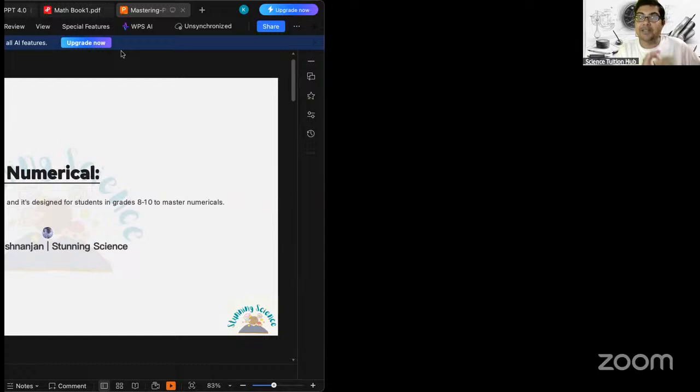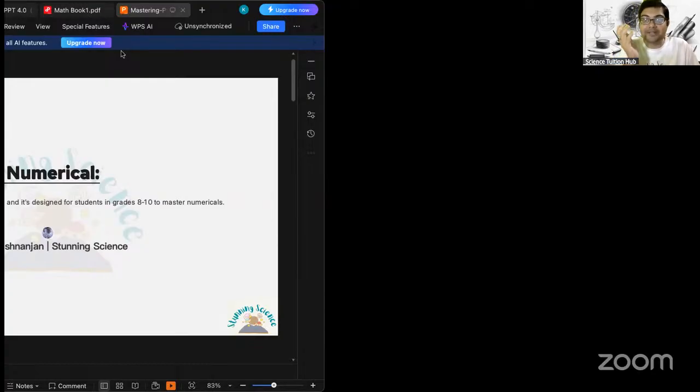Then check units. Very important. Unit of acceleration: meter per second square. Many students get confused and write meter per second. It is meter per second square, or m s to the power minus 2, right?